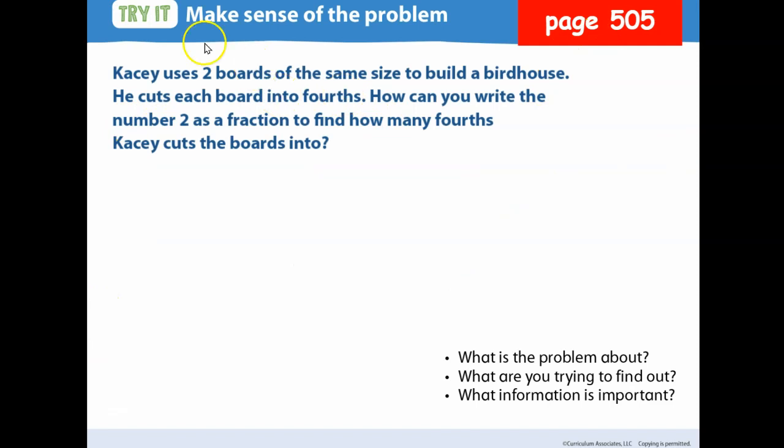So 505, it says Casey uses 2 boards of the same size to build a birdhouse. She cuts each board into fourths. How can you write the number 2 as a fraction to find how many fourths she cuts the boards into? So she uses how many boards?